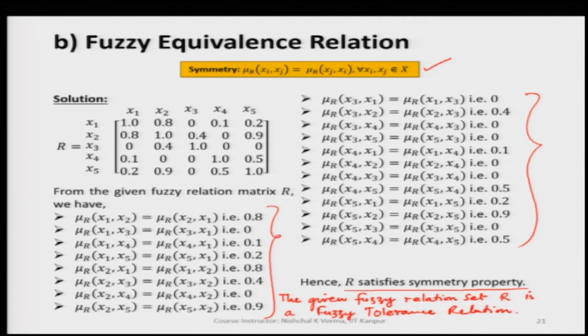So, up to this is very clear. Now, this R, before it can be called a fuzzy equivalence relation, should satisfy the third property, that is the transitivity.